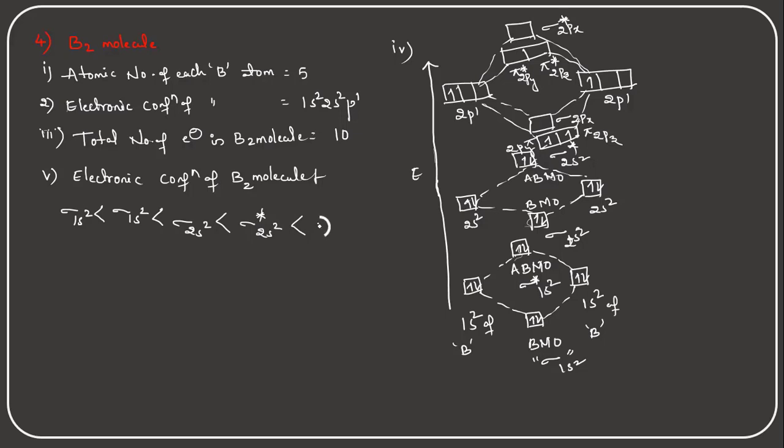So pi 2py has one electron, and it has equal energy, not less than, right? So pi 2pz also has one electron.